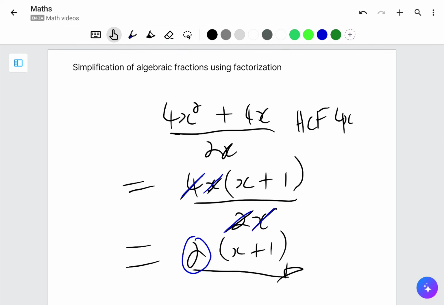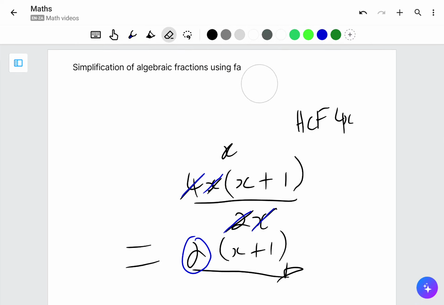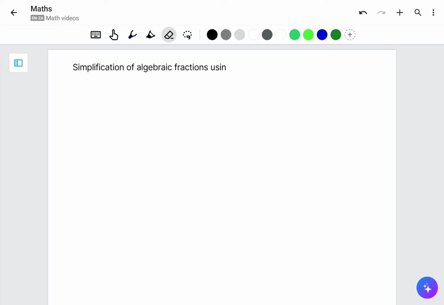Let's have a look at another one. I feel like you guys are getting the hang of it now, so let's take it a step up. Let's put in some negatives. Let's say 10a squared minus 15a over 10a.